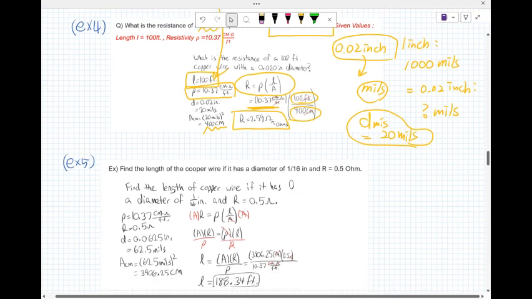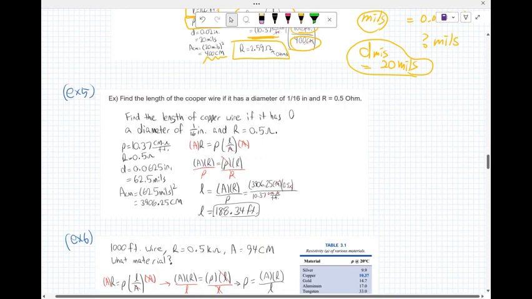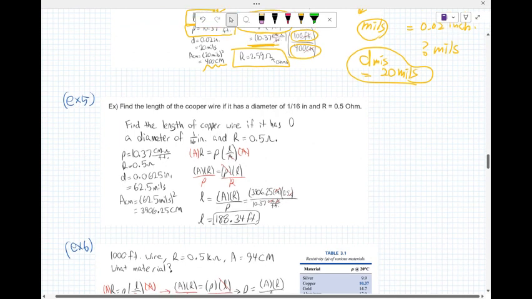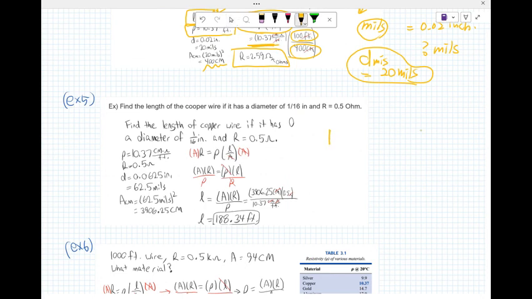Okay. All right. Another question is find the length of a copper wire if it has a diameter of 1/16 inch and R is equal to 0.5 ohm. So the length: R equals rho L over A, so L is R A over rho.